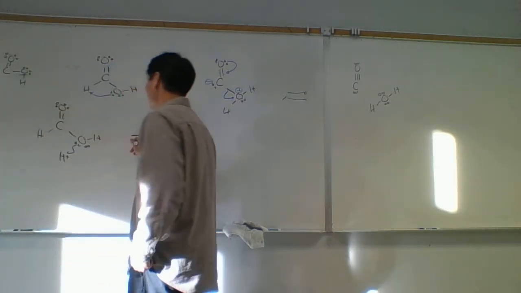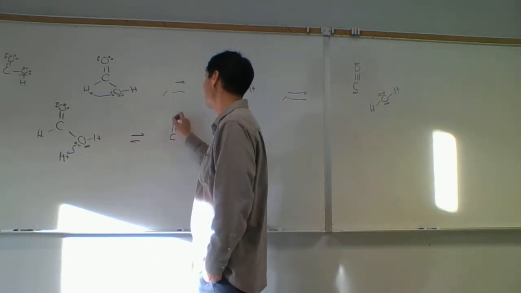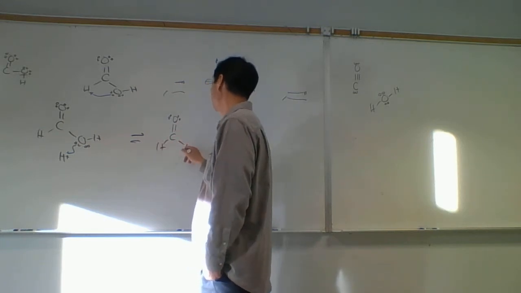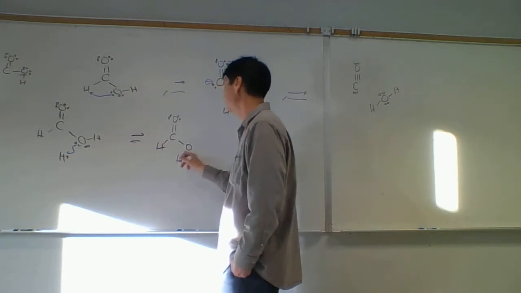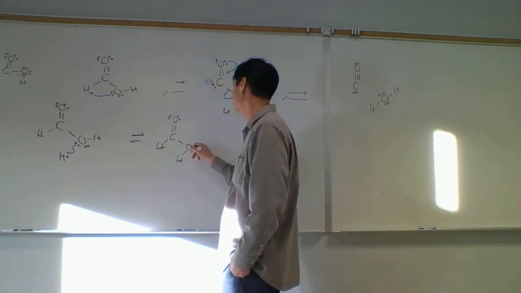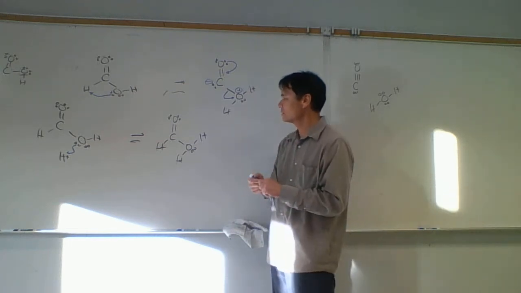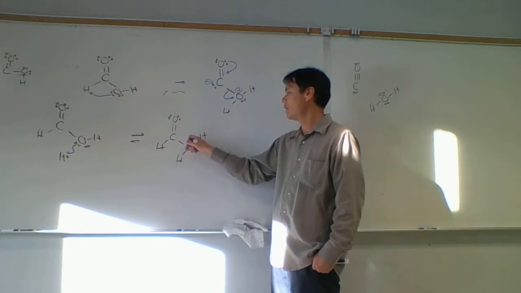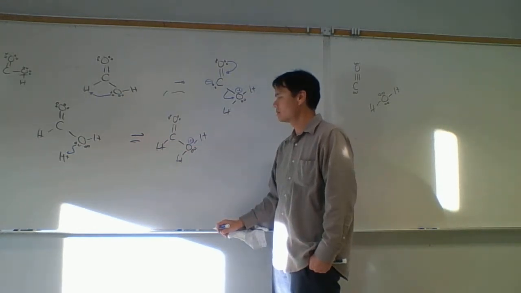Oh, we lower the activation barrier there, but you know, we're going to form this, which is kind of unstable here. Something like this. But this doesn't look so good because this oxygen is positive. If that oxygen is positive, not so happy.